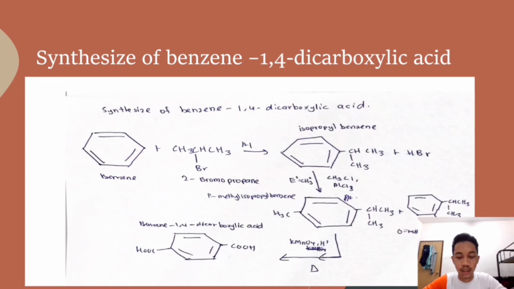Since isopropyl is an electron-donating group and an ortho-para director, it will form para and ortho products. Then with KMnO4, H+ and heat, it will form benzene-1,4-dicarboxylic acid.